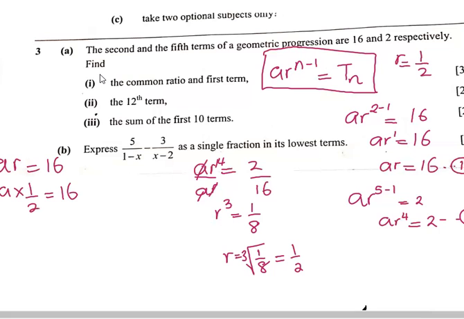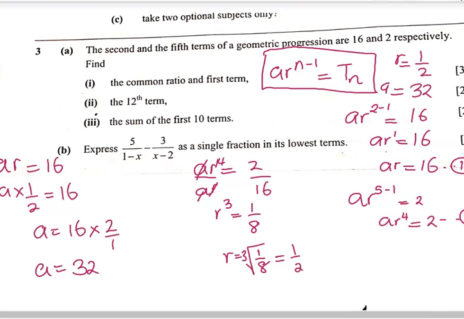So you know that to remain with the A along this side, we need to get the reciprocal of 1 over 2, which is 2 over 1. So this is as good as A is equal to 32. So we are supposed to know that here our first term, which is A, is equal to 32. Okay? I hope you get that one.